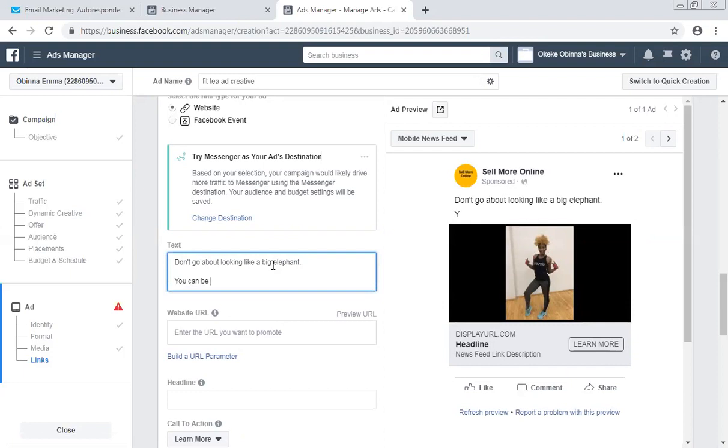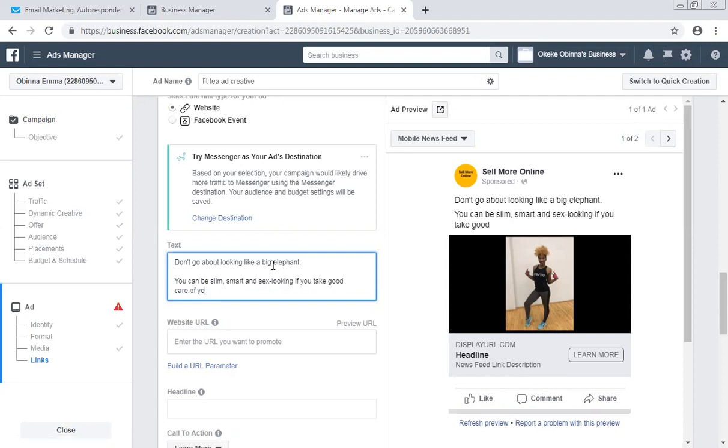You can be slim, smart, and sexy looking if you take good care of your health, then I can go on and on. So you can see as I'm typing it in here, it is appearing. This is exactly how it will appear when you start running the advert.